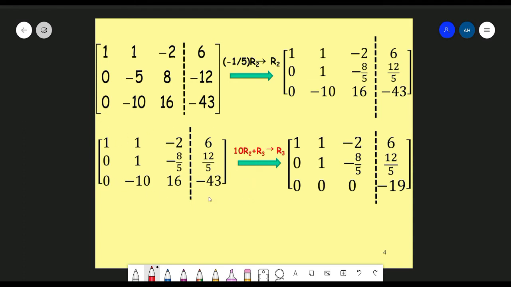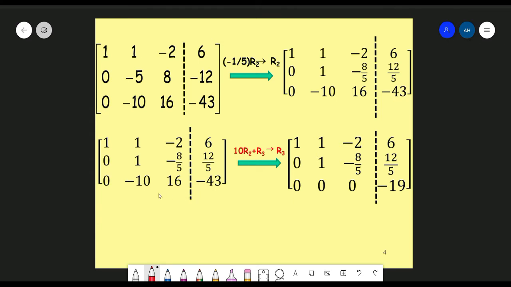This time we would like to change negative 10 to 0. So how to do that? We are going to multiply row number 2 by 10, and then we add to negative 10. We have 0. Meaning we multiply row number 2 by 10, and then we add to row number 3. Therefore this negative 10 will change into 0.